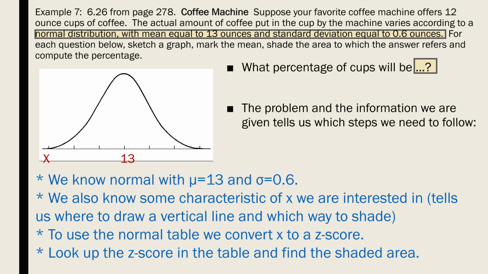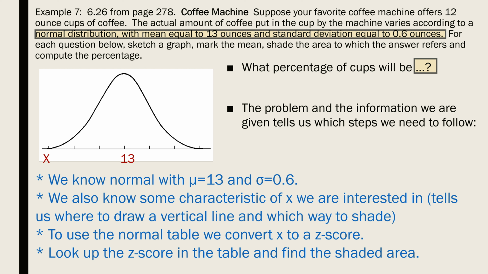For each question below, sketch a graph, mark the mean, shade the area to which the answer refers, and compute the percentage. A typical question will be, what percent of cups will be more than certain ounces or less than certain ounces? The problem and the information we are given tell us which steps we need to follow.